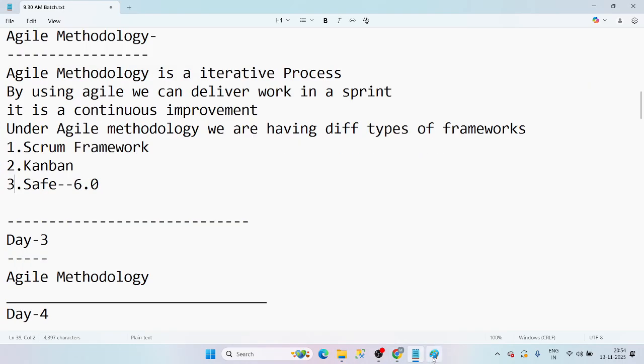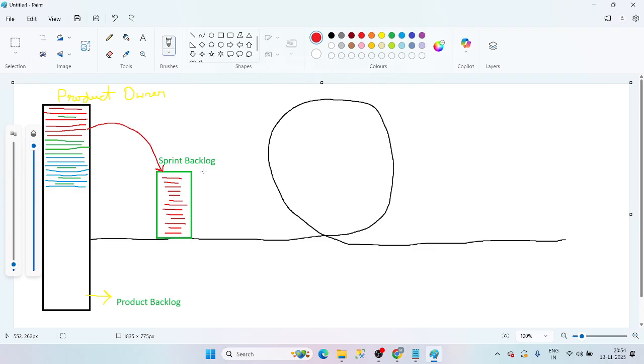For that 1,000 hours, we got only 12 tickets. We are going to pick only 12 tickets. What about the remaining 88 tickets? We move them back to the product backlog. Right or wrong, Surabhi?